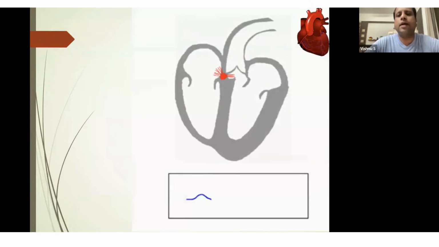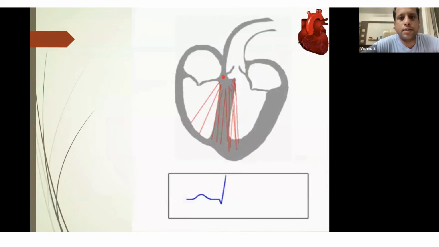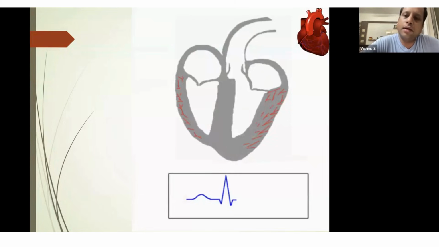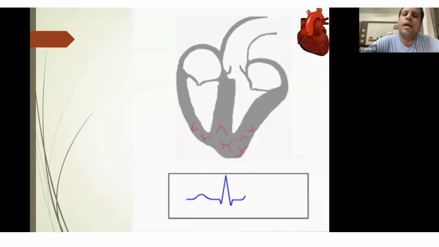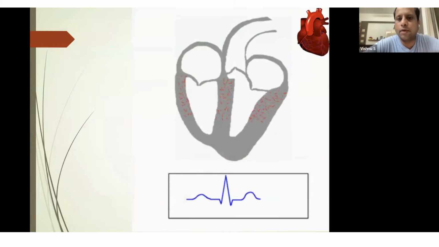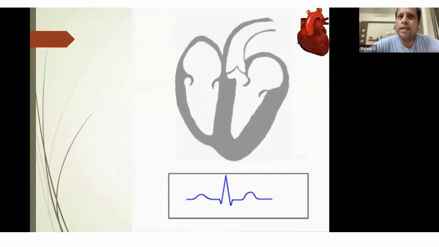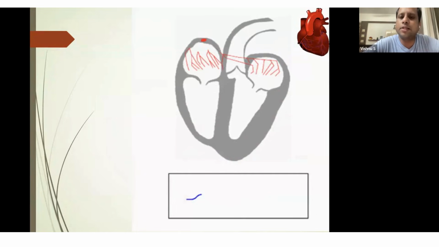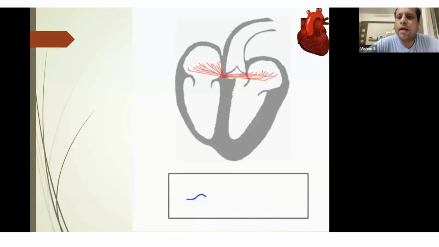First the sinus node fires, and then the right atrium is activated first. Following the right atrium, the left atrium is activated. All the signals converge to the AV node, and there is a delay in the AV node. From the AV node, the His bundle starts, and the His bundle divides into the left bundle branch and the right bundle branch.